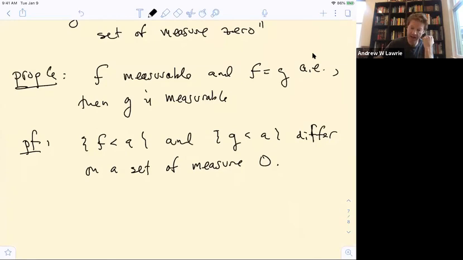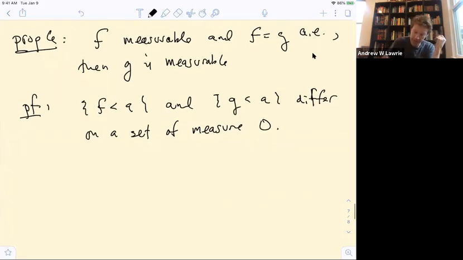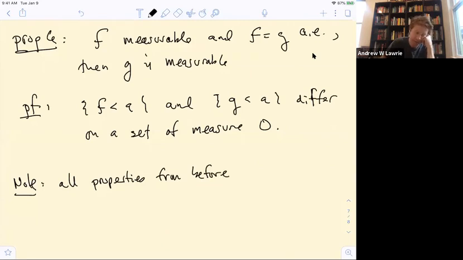Okay, and everything we proved before, if we just tack on the words almost everywhere, it still holds. So note, all properties from before can be relaxed to almost everywhere.